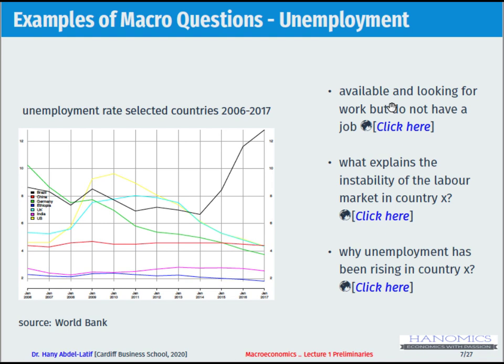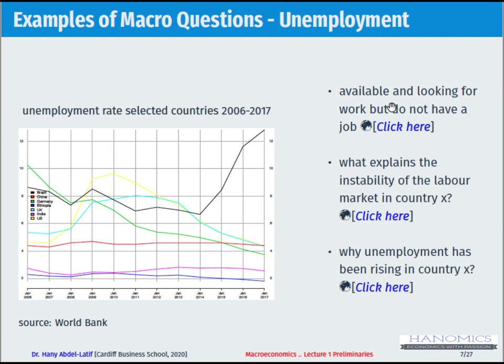I think the highest inflation rate in this graph is either Brazil or Ethiopia, one of those countries. So you can see there's a country that is experiencing a really high unemployment rate. Why? That's something we are interested in in macroeconomics. We want to understand this.